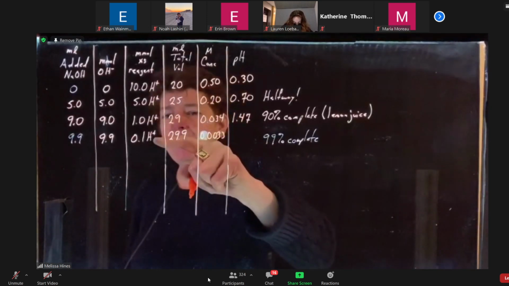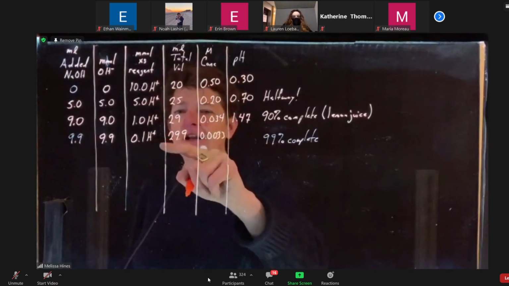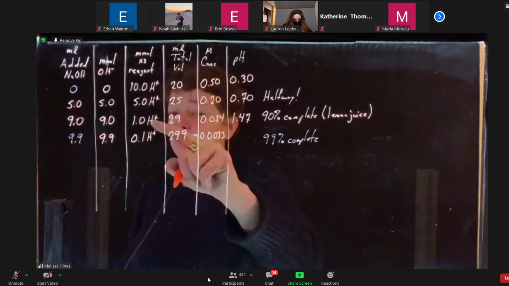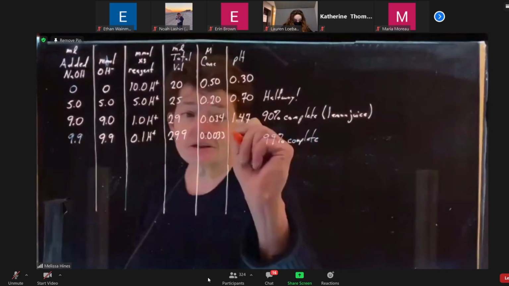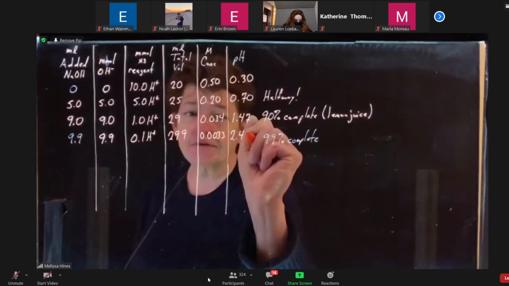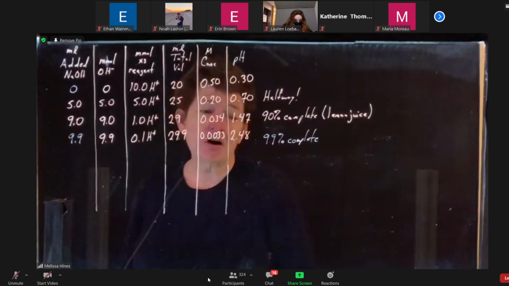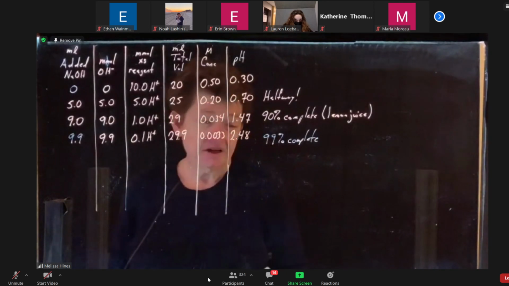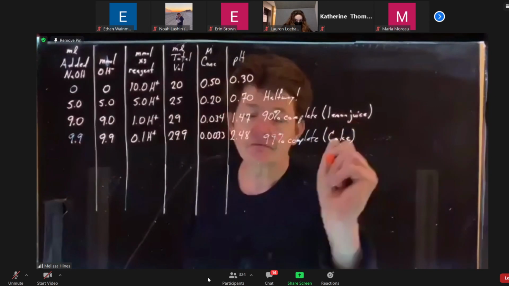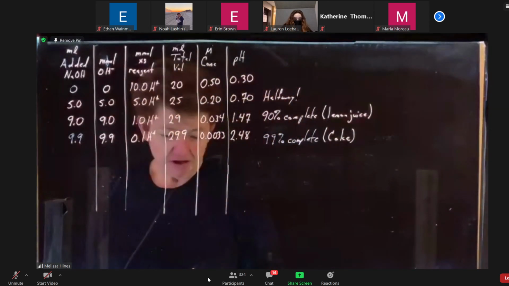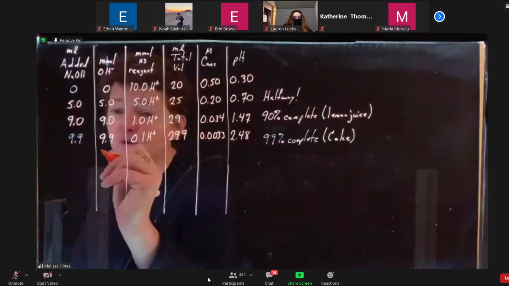Notice that the amount of H plus has gone down by another order of magnitude. So that should only change the pH by 1 unit. And indeed it does. We are up to 2.48, even though we're almost finished with our titration. And at this point, the pH is the same as Coke. Okay, the drink.